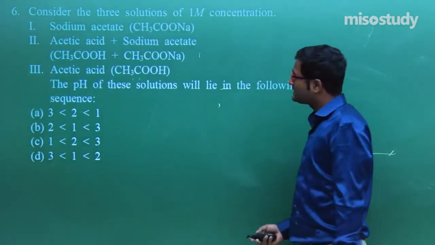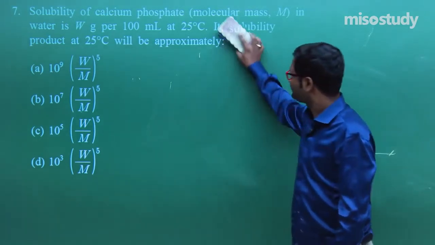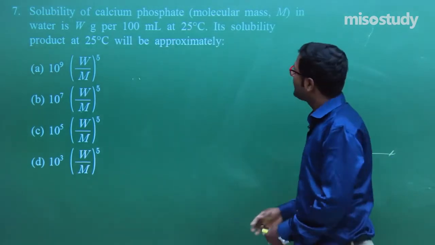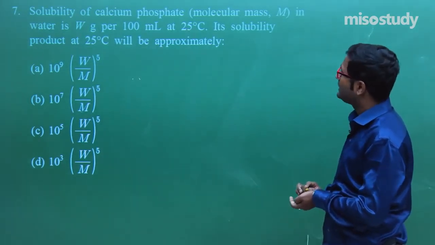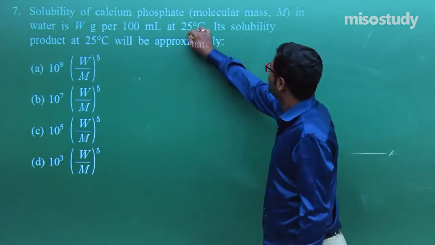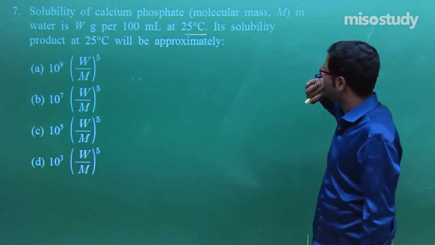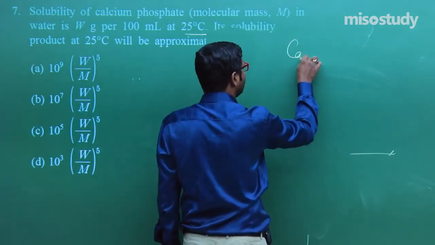Check out what the next question is in this case. Look at this, this is one of the best questions. The solubility of calcium phosphate in water is V gram per 100 ml at 25 degrees Celsius. Its solubility product. Okay, what is the formula of calcium phosphate?